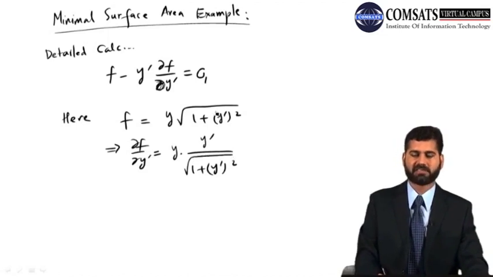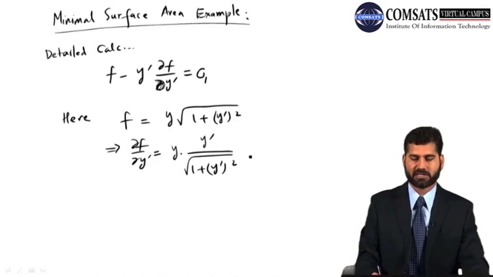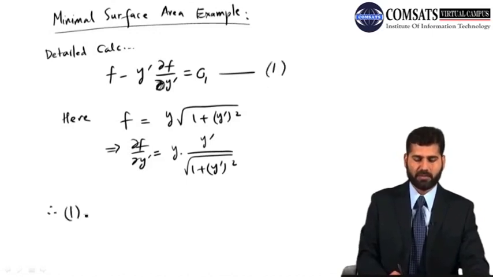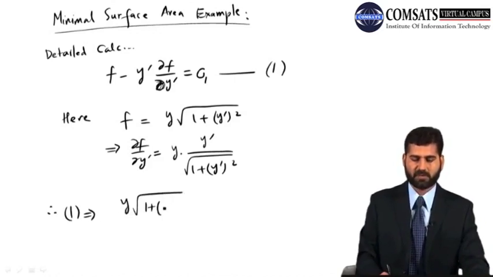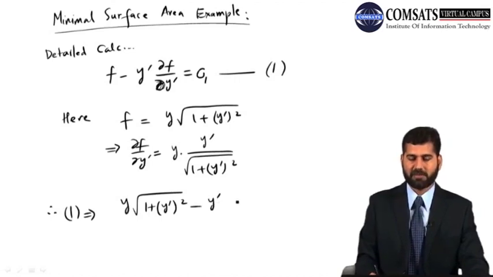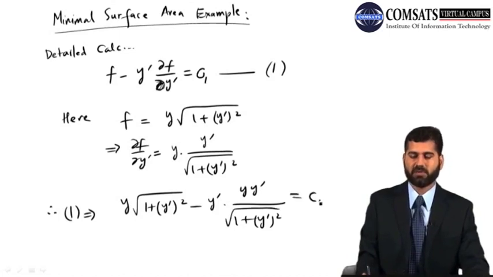All right, the derivative of this thing is 1 over 2 square root of 1 plus y prime square, and the derivative is 2y prime. So 2 and 2 cancel out, so you got this thing. So now if I replace this in 1, therefore 1 becomes f, which is y times square root of 1 plus y prime square, minus y prime times partial f by partial y prime, which is y y prime over square root of 1 plus y prime square, is equal to c1.